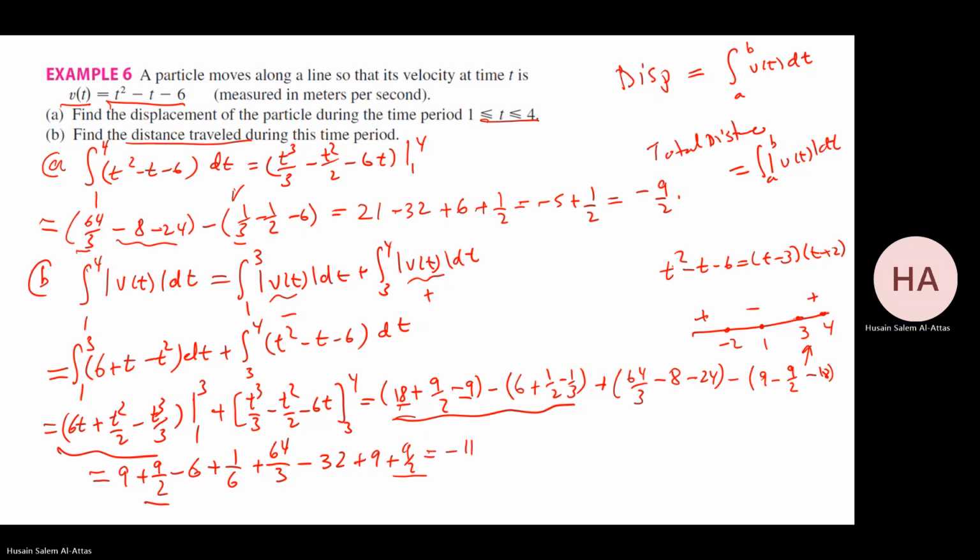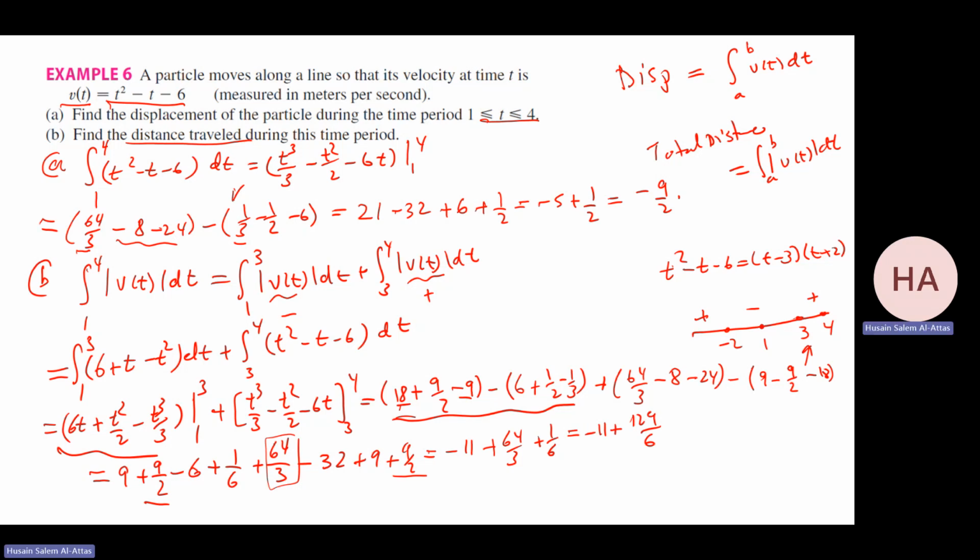Plus this one, I can simplify it as what? This is 64 over 3 plus 1 over 6 plus 64 over 3 plus 1 over 6. That times 2 will be minus 11 plus 129 over 6.